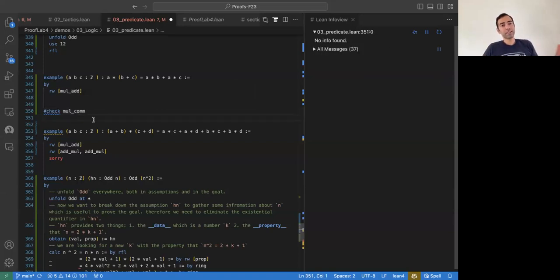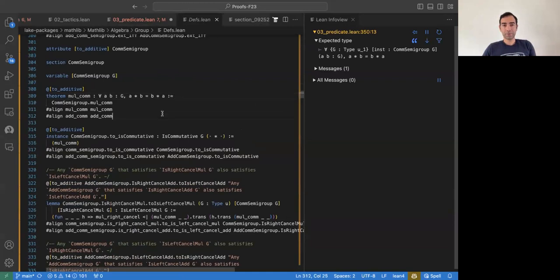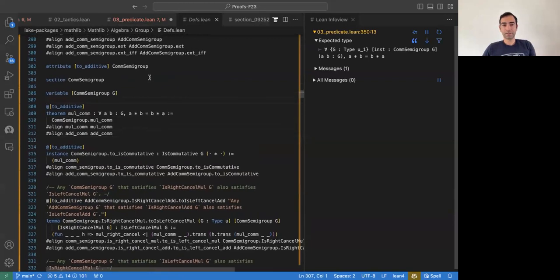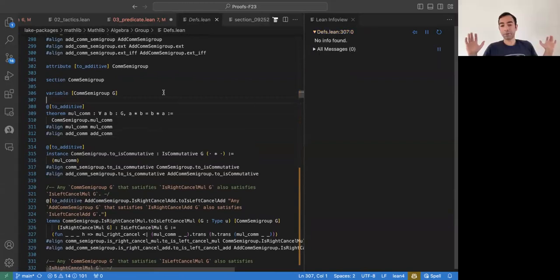So generally speaking, if I click on this name, you will find that this is proved in some library, which is commutative semigroups, right? Which means these lemmas are proved in more generality than just natural numbers and integers. They are proved for any commutative semigroup, whatever that is.